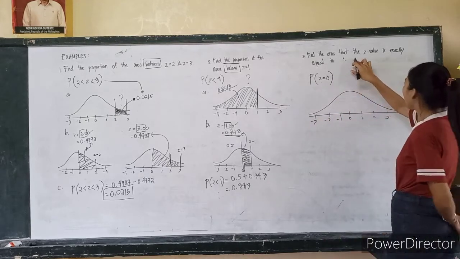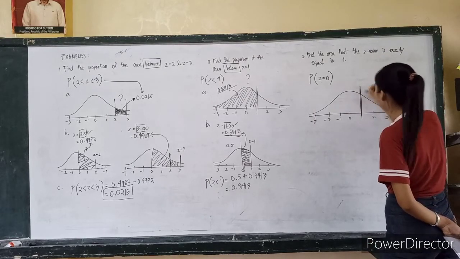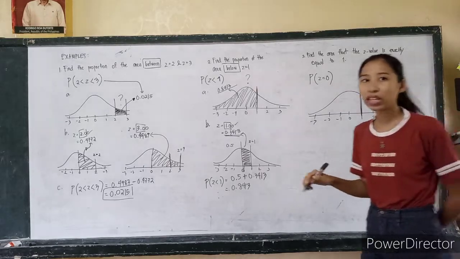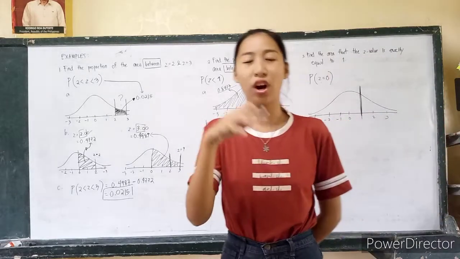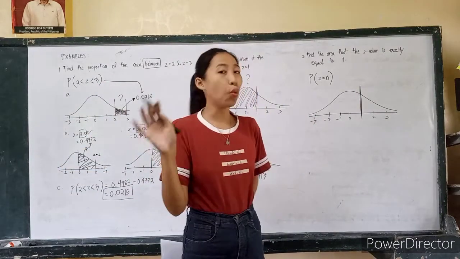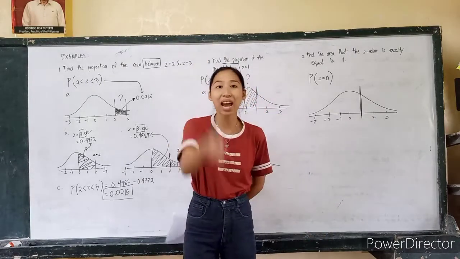How much is the area where the z value is exactly equal to 1? It was not given as below 1 or above 1 or in between 1 and 2. It is exactly equal to 1. It is just a line.